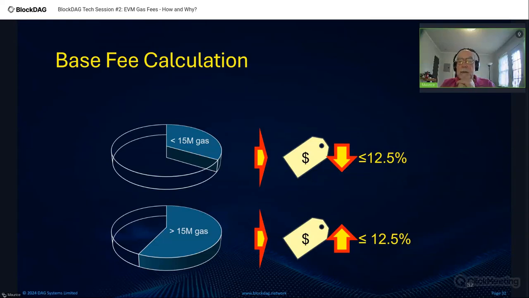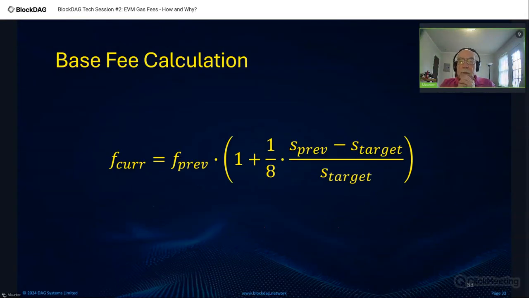So we're going to increase the base fee, but again, by a maximum of 12.5%. This gives the blockchain the ability to respond to changes in demand. So less demand, it becomes cheaper, more demand, it becomes more expensive, but it puts a limit on how much things can change. Things can't just leap through the roof immediately, which is of great comfort to people who want to pay for things.